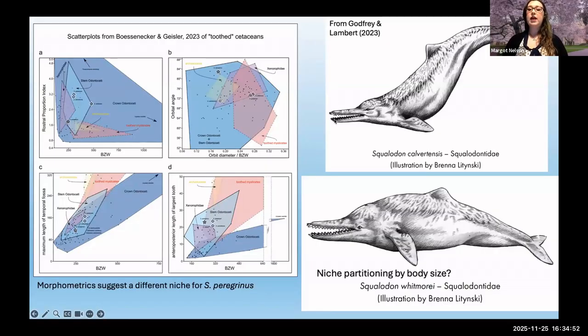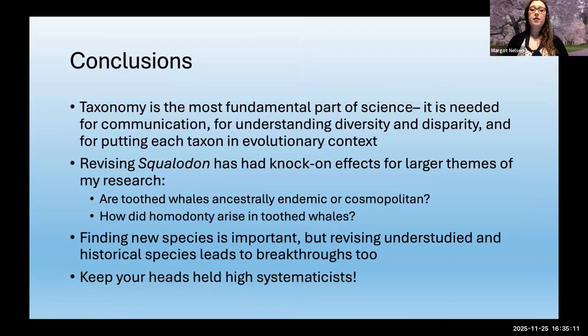So we have a more gracile, smaller Squalodon calvertensis and a very robust, large species called Squalodon whitmorei. And it's only now that we have a full idea of what species are present and what their traits are that we can study these features.